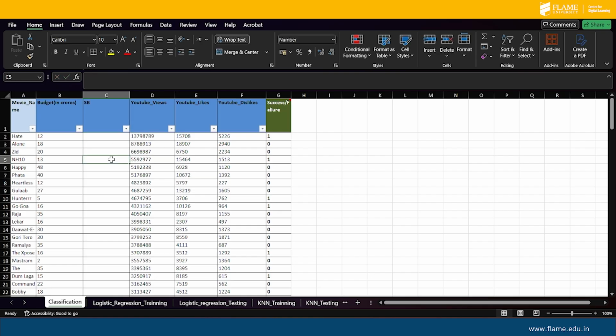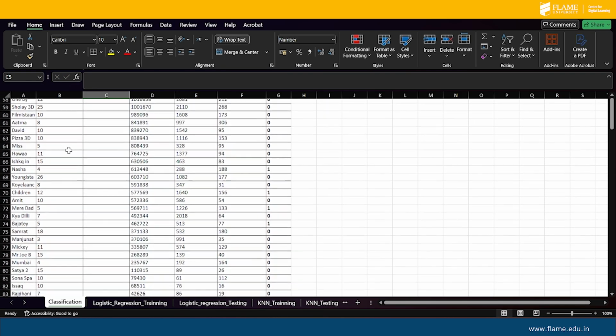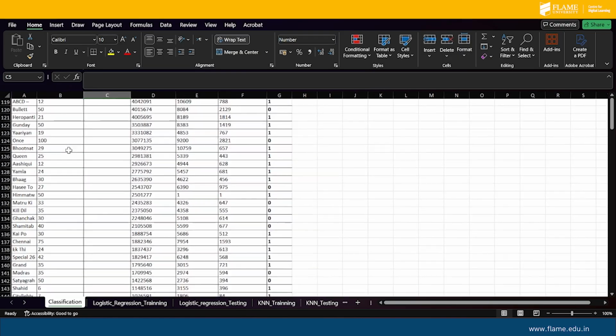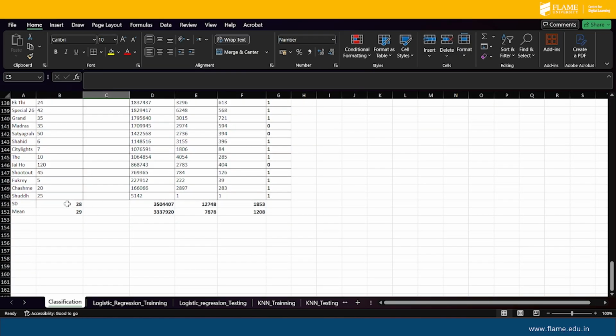So SB is the new feature. For simplicity, we can easily calculate the standard deviation of the data with STDEV and select all the values. Here we have selected the B2 to B150 cells, and we can also calculate the mean with the formula AVERAGE B2 to B150.